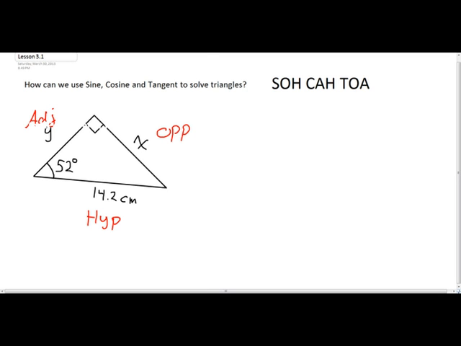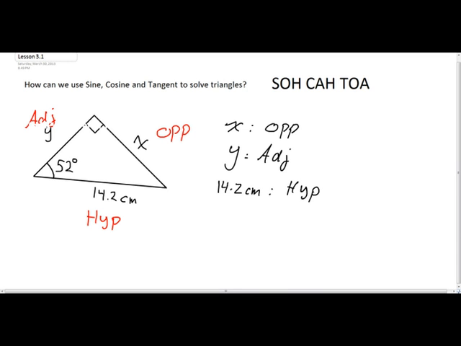So what we want to do is take a catalog of the information that we have. Well, x is our opposite side. Y, this is our adjacent side, and the side that's 14.2 centimeters, well, this is our hypotenuse.